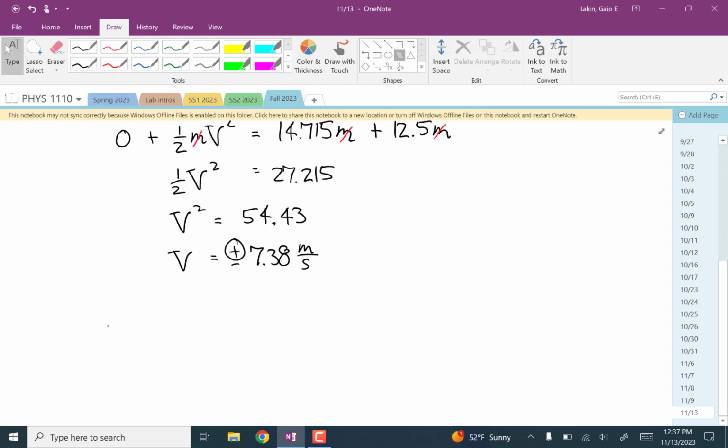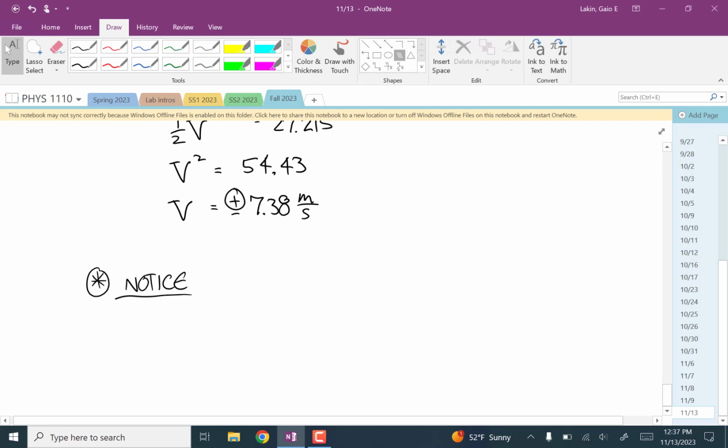One thing I want you to notice that we're starting to see, and this is just a general fact about conservation of mechanical energy, is what are some hints that you can use this? So hints that conservation of mechanical energy is the way to go.